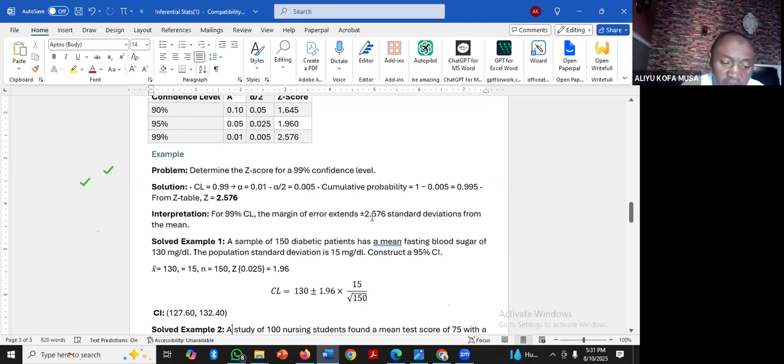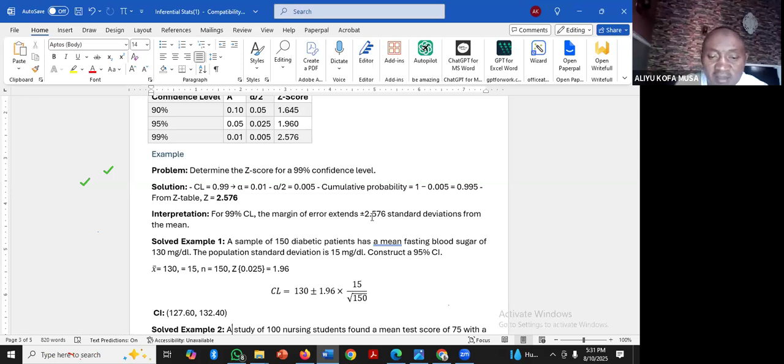Let's look at some examples here. Determine the z-score of 99% confidence level. This is a very simple case. The first thing to do is, you have your CL, so your CL is 0.99.